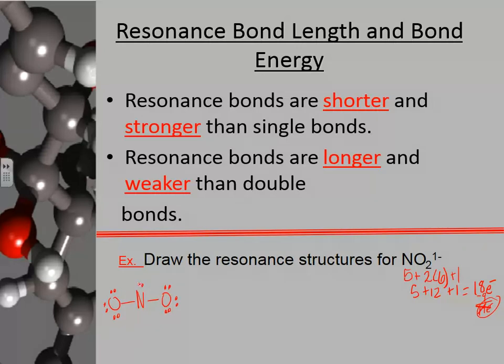But if you consider the nitrogen, it has 2, 4, 6. So it is not satisfied. So it can borrow from this oxygen or this oxygen. So one of the structures you're going to draw is going to have a double bond on this side. So I'm going to redraw it over here. And remember, your Lewis structures, if they're for polyatomic ions, should always be in brackets.